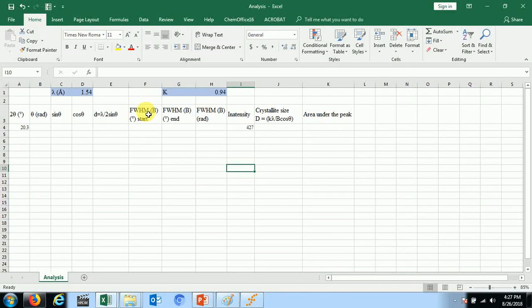So we have to check what is the full width at half maximum. So maximum value is 427, its half is 213.5.